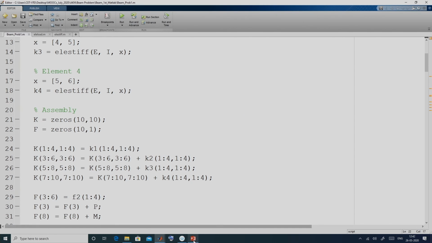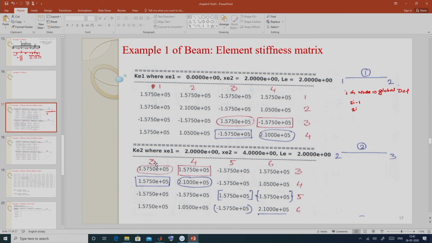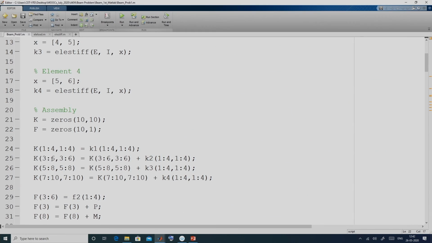For K2 the global DOF is 3 to 6. So, these are the addresses where these elements of K2 will enter. So, 3 to 6 are the global addresses. So, if you see in the Matlab program, 3 to 6 is the address in the global K.